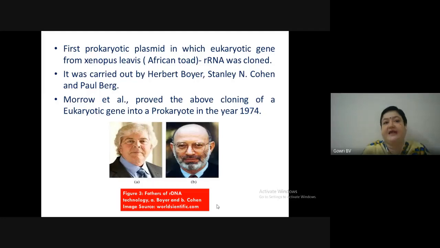I repeat the slide. First prokaryotic plasmid pSC101 in which a eukaryotic gene, rRNA from the African toad Xenopus laevis, was cloned. It was carried out by Herbert Boyer, Stanley Norman Cohen, and Paul Berg. Morrow et al. proved the above cloning of a eukaryotic gene into a prokaryote in the year 1974.